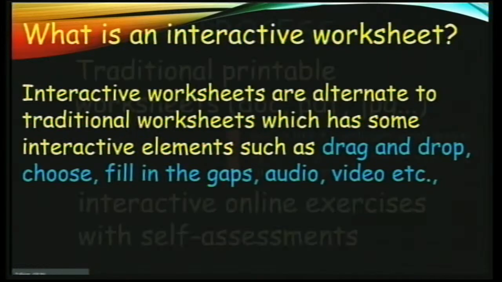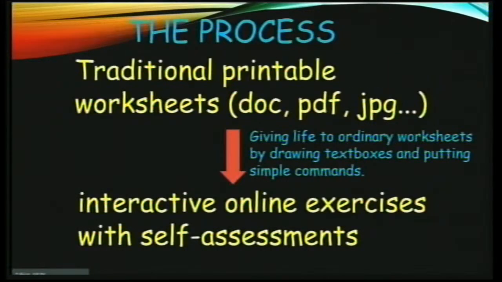Next, what is the process? We just have to upload the traditional printable worksheets or handwritten worksheets. It may be a Word document, a PDF, a JPEG, or a PNG file. Any type of document can be uploaded.